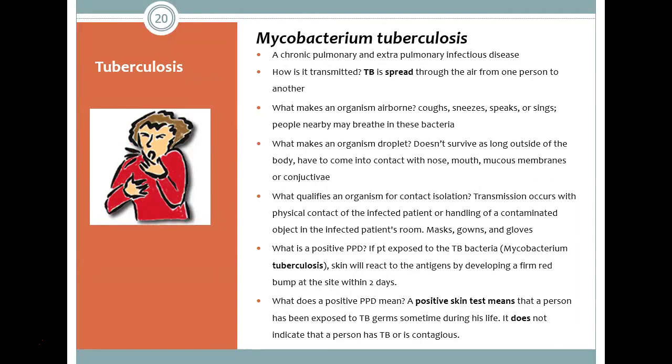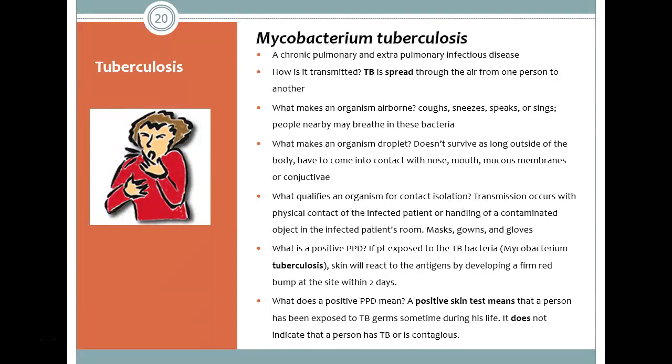The next topic we're going to go over is tuberculosis, a chronic pulmonary infectious disease. TB is transmitted through the air from person to person. A patient will cough, sneeze, speak, or sing, and it will literally be airborne. Patients who are nearby will breathe in this bacteria, and it will infect them.